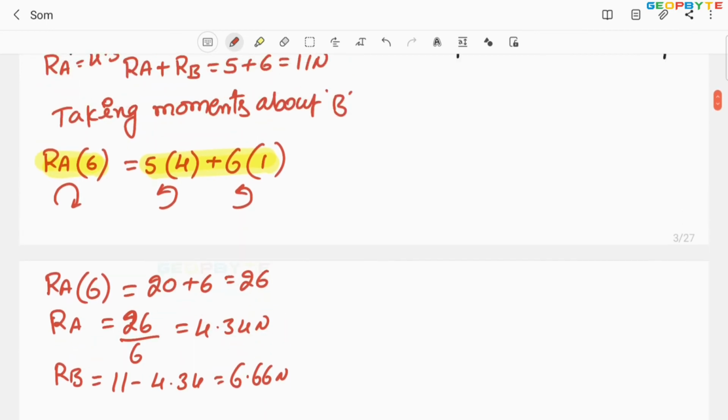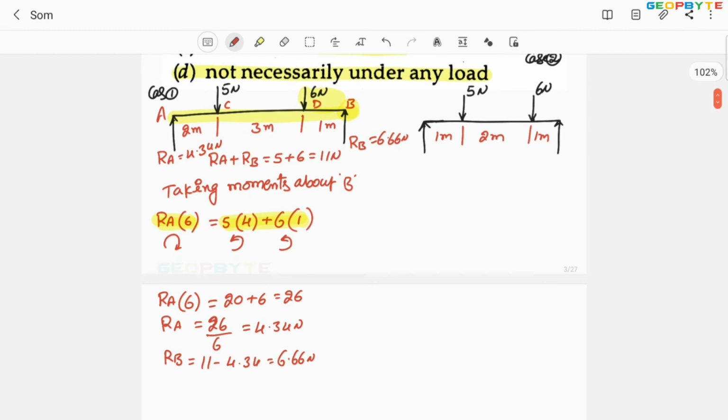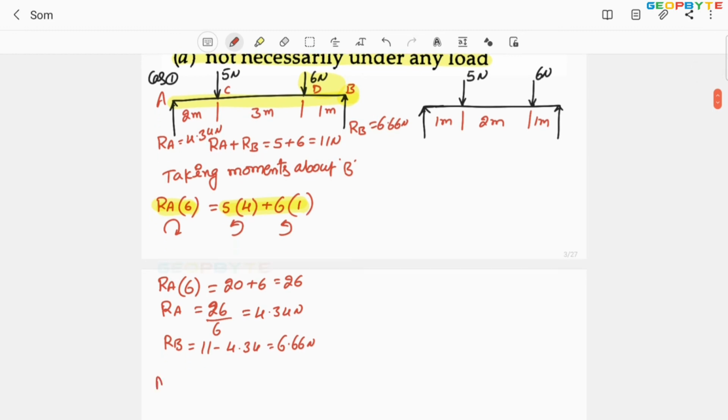Now the bending moment. Bending moment at C equals load into distance, meaning RA into the distance up to C. MC equals 4.34 multiplied by the distance up to C, 2.